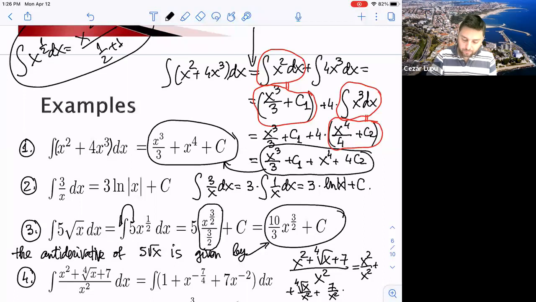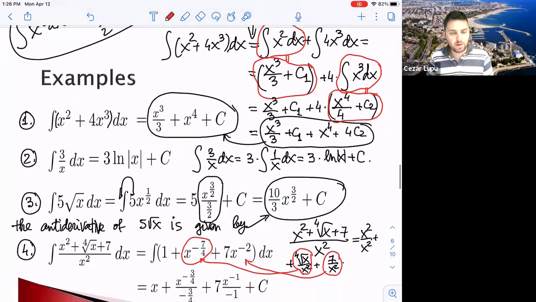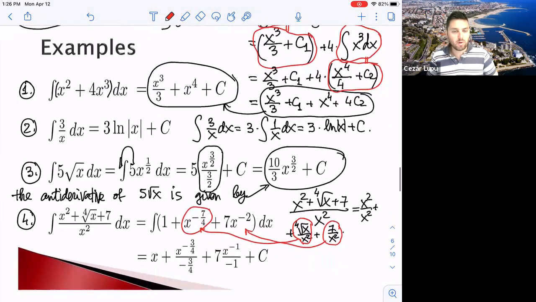This guy here is nothing else than just this guy here. Right? And 7 over x squared is nothing else than just 7 times x to the negative 2. All right, great. And now we can integrate each function because we know how to integrate each one of them, right? We can use the sum rule.